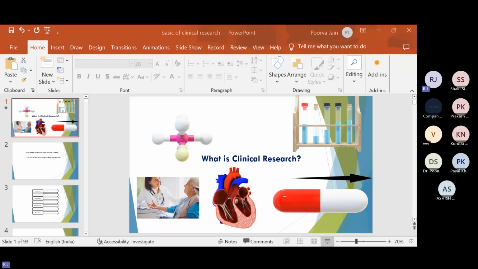Now we'll understand what they are. So in target discovery, what we do simply, first we need to identify the nature of the disease, right? We need to identify a particular protein or particular gene or particular receptor which is causing that particular illness. Then only we can make medicines, right? So in target discovery, we try to identify any protein or any gene or any receptor which is causing that particular illness.